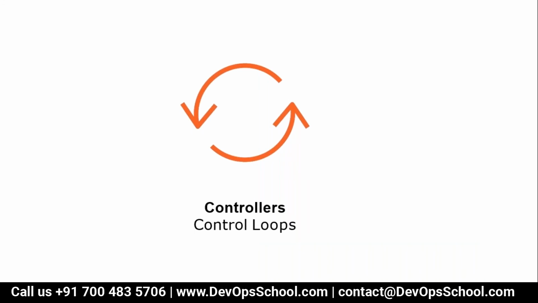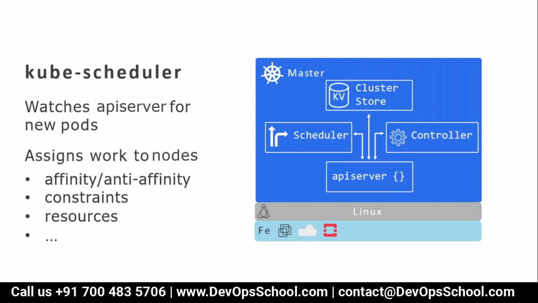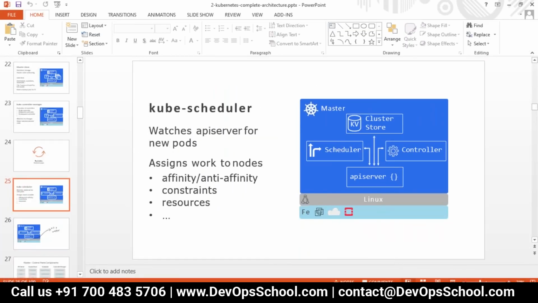It will immediately report back to the API server saying that I got only 99 or 101. So these controllers always run in a loop. They never stop. If they stopped, every cluster would have a problem.